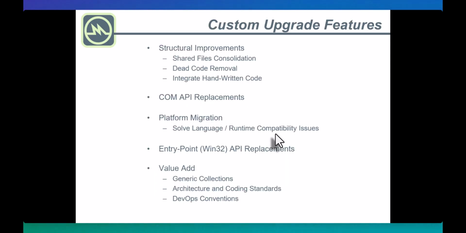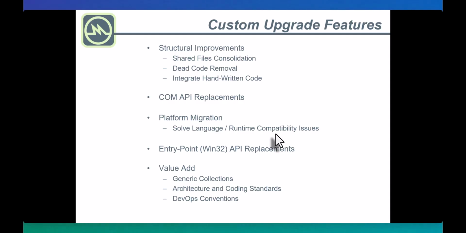A custom upgrade can best be thought of as implementing a set of custom upgrade features. And that's going to include various structural improvements, COM API replacements, dealing with language incompatibility problems.